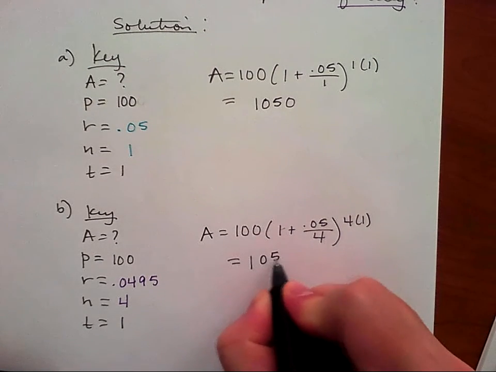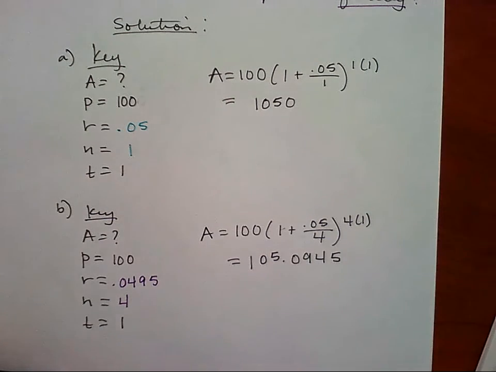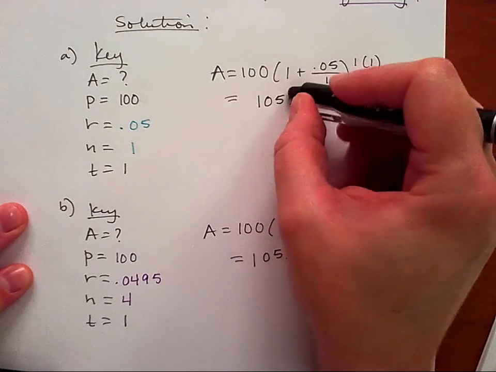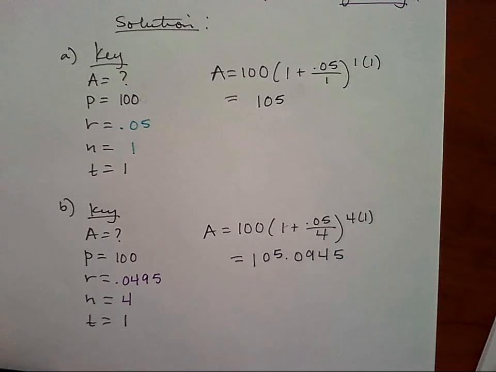Here I got 1,050.945. What'd you get for the first one? I think it's 1,050, right? 1.05 to the first times 1,000.